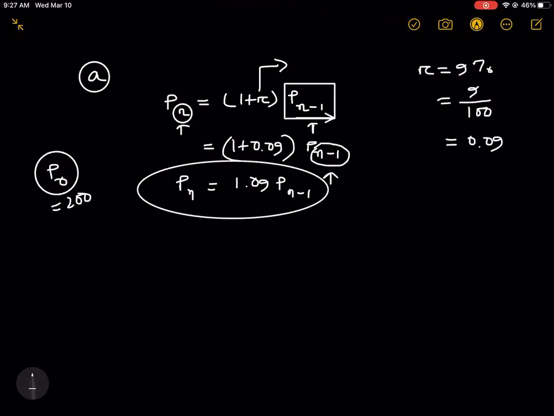Because it's not P naught. Everyone, just use your imagination here, because Pn minus 1 doesn't guarantee that it's P naught, so you can't straight away write 200,000 there. You have to keep it like that.